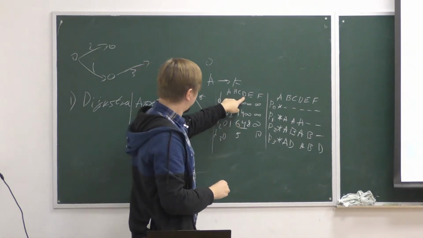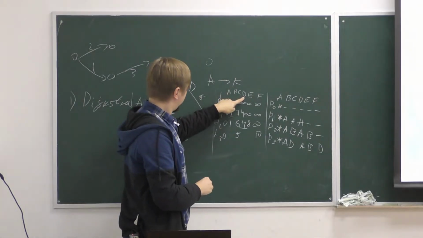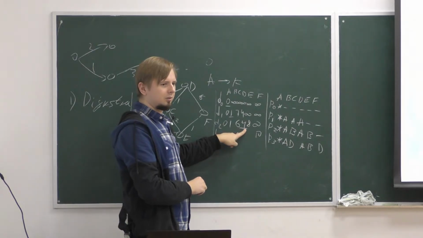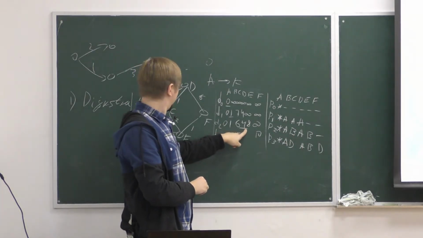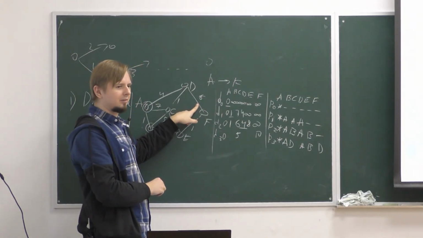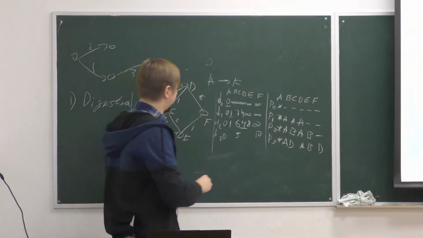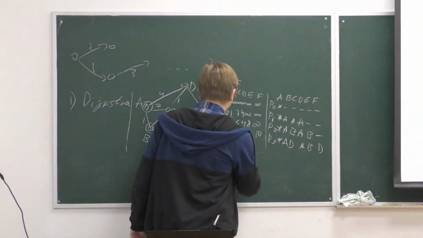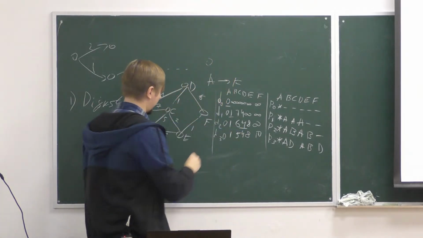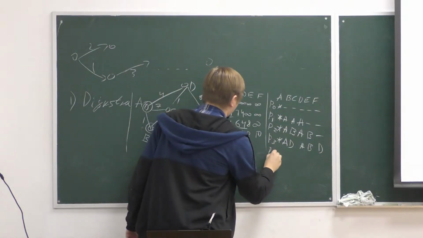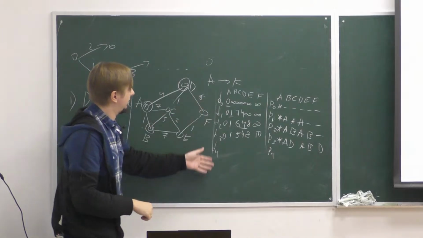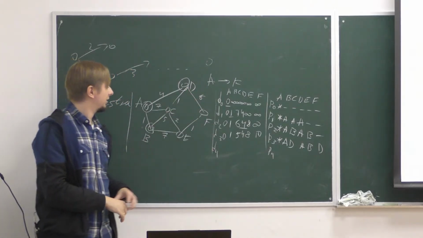We are in the case D. The mark corresponding to D will be 4. We add to 4, 1 and 6. By the way, how many rows will there be in this algorithm?